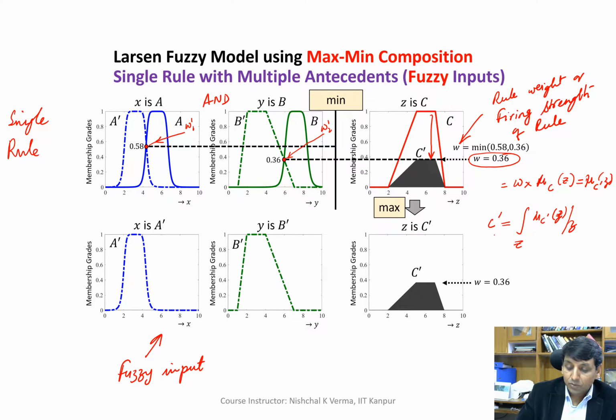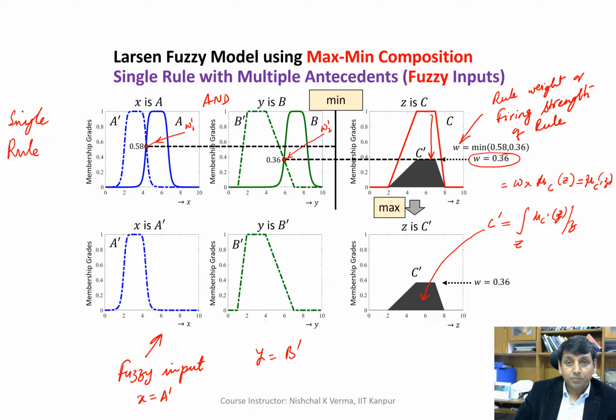So this is how we get this fuzzy set as the output. This is Y is equal to B dash.